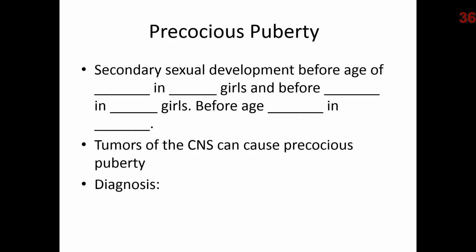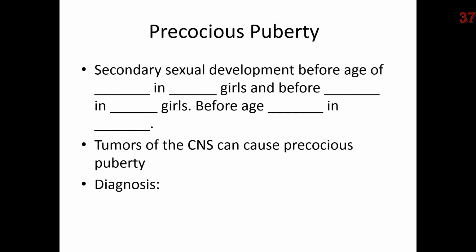The age for boys, regardless of race, would be 9 years of age. Genital enlargement is one of the most common signs in boys, and if that happens before the age of 9, then it's considered precocious puberty.